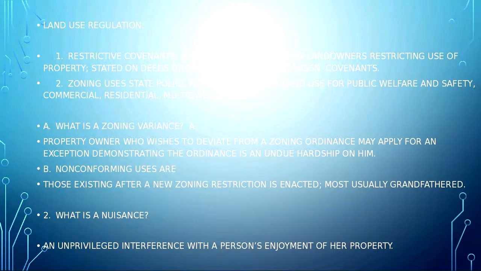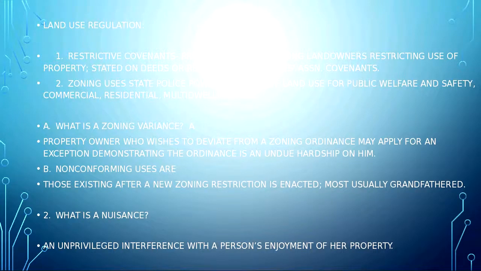A zoning variance is what's called an exception to a particular zoning rule, where a property owner wishes to deviate from a zoning ordinance and applies for an exception, usually from the city council or from the county board of supervisors. What they have to do is demonstrate that there's an undue hardship as a result of enforcing the zoning ordinance.